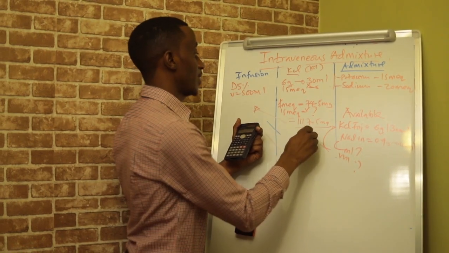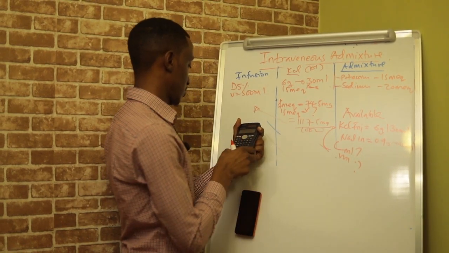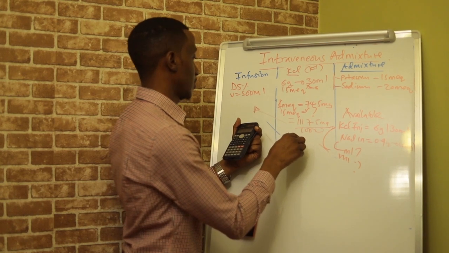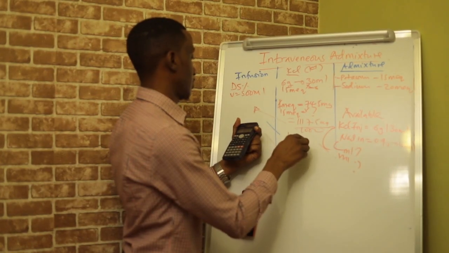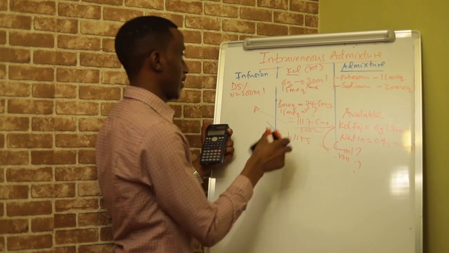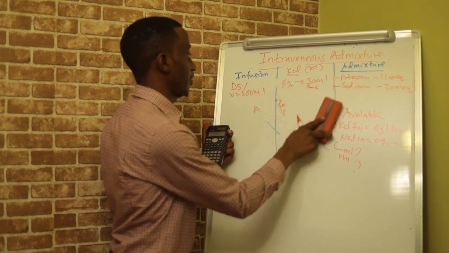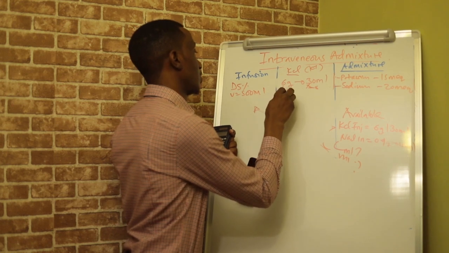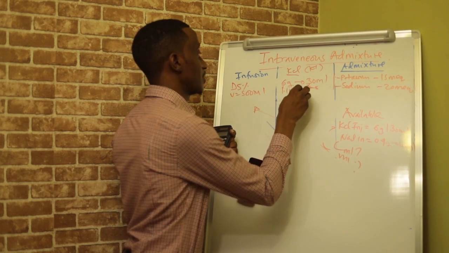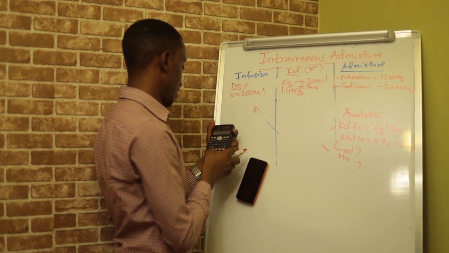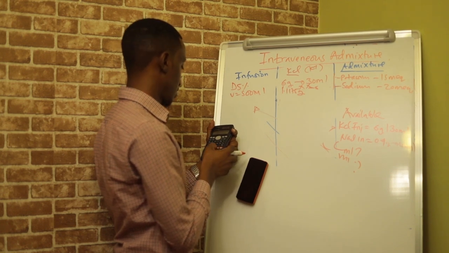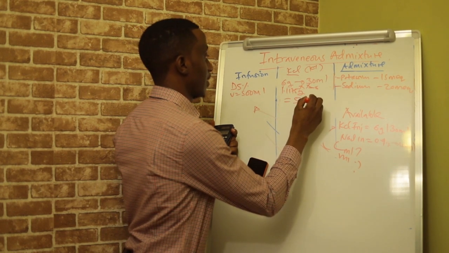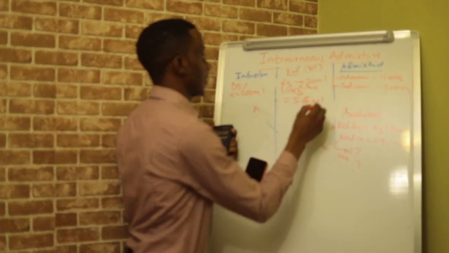Converting into grams, divided by 1,000, that is 1.1175 grams. Multiply by 30, divided by 6, that is 5.6 mils.